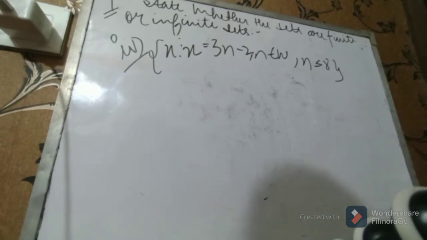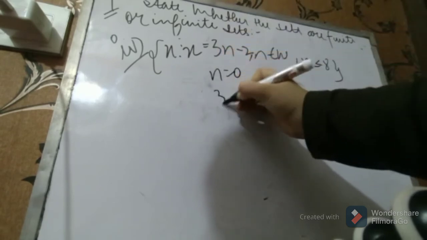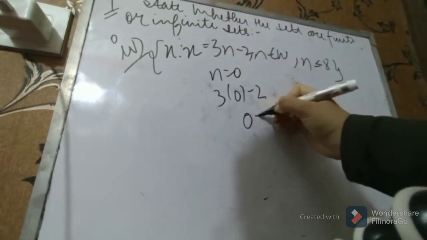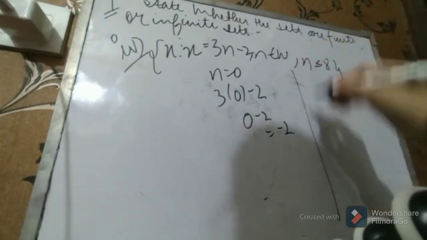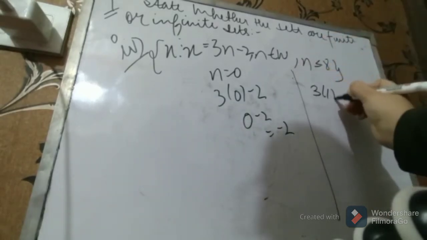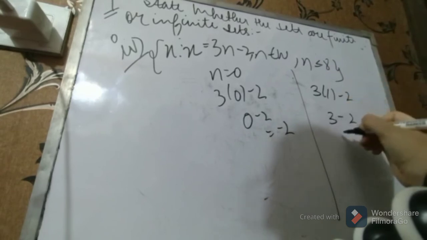So first of all, what is the first whole number? That is 0. So when n is equal to 0, 3 into 0 minus 2 would give you 0 minus 2, that is minus 2, right? Further 3 into 1 minus 2, it will give you 1, right?